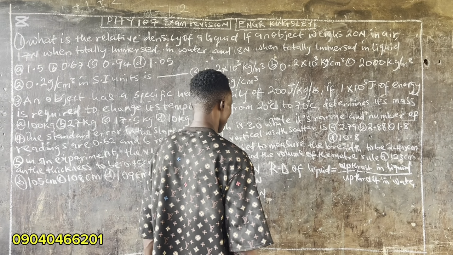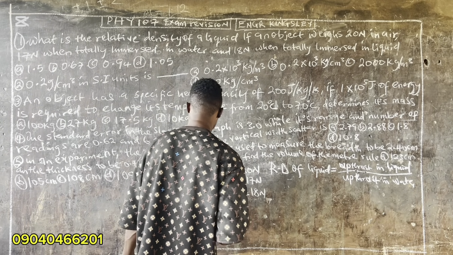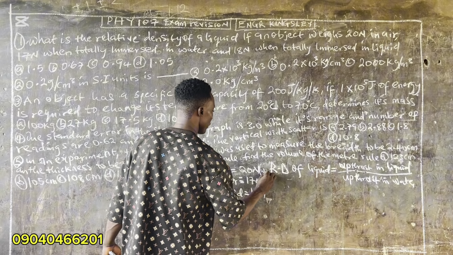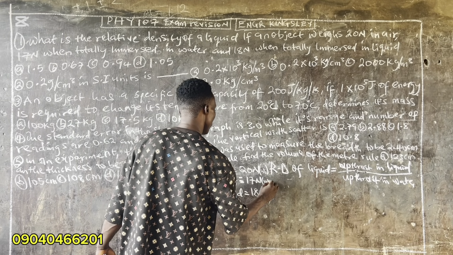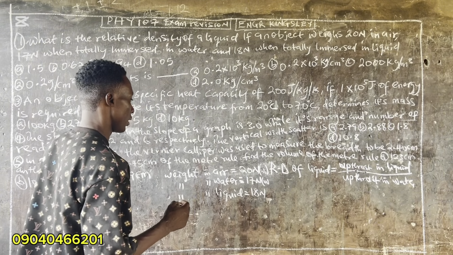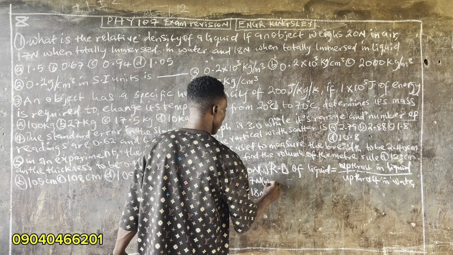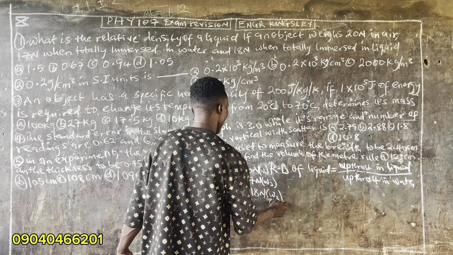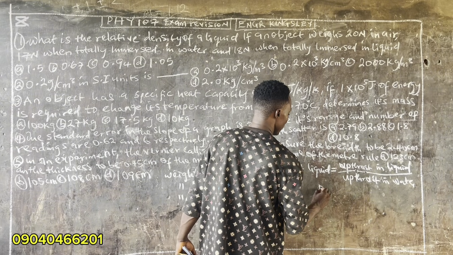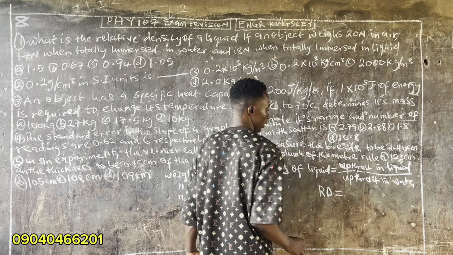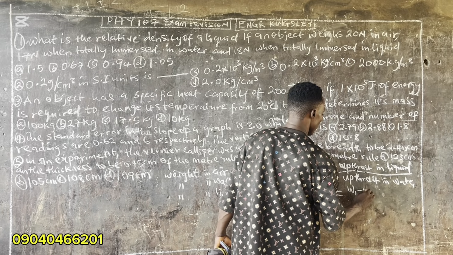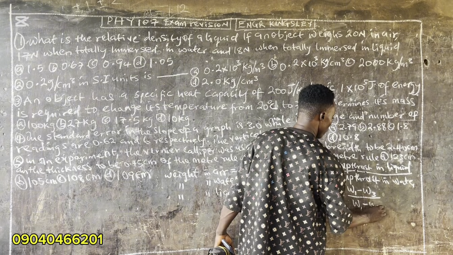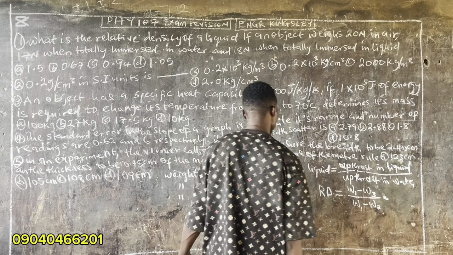Okay, so what are we having here? This weight in air is generally referred to as W1. Weight in water is regarded as W2, and weight in liquid is regarded as W3. So the relative density of liquid is now equal to W1 minus W3 all over W1 minus W2. So we can substitute our parameters.